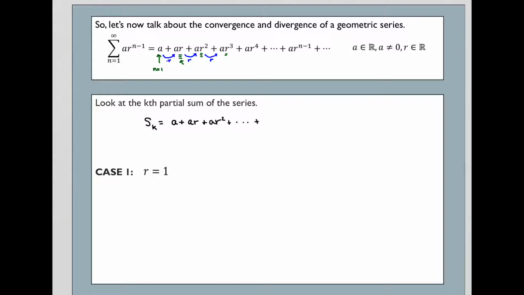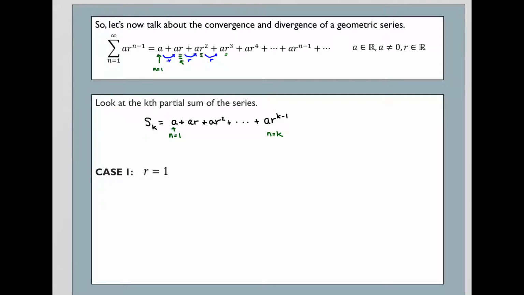S sub k means the sum that only goes to the kth term. So if n is k, then the kth term will be a times r to the k minus 1, because that's going to be my kth term in this series.